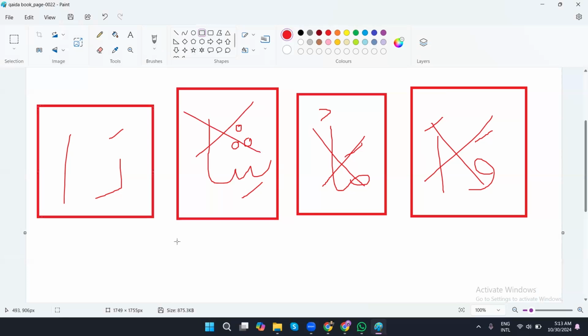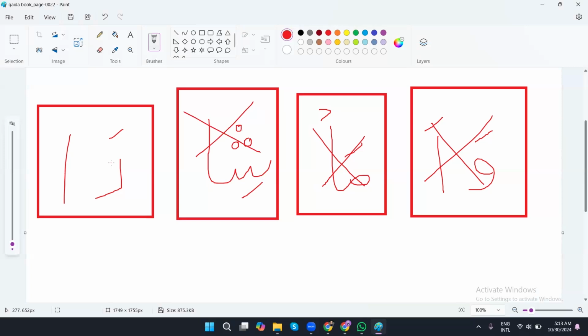Tell me, is this Alif Madda or not? It is. Why? First, Alif has no sign, and the first letter has fatha on top. Very good. Now how will we read that?